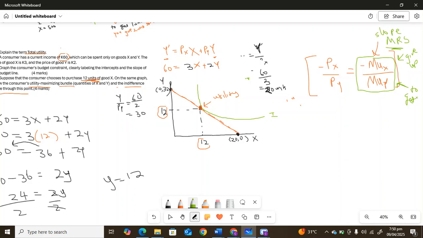Let me also illustrate how you interpret these points on the indifference curve.